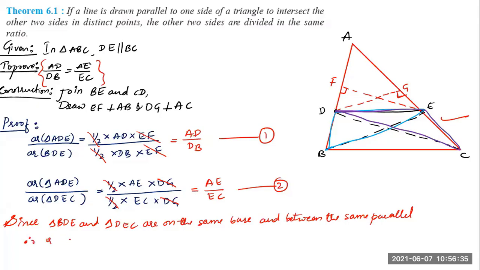Area of triangle BDE is equal to area of triangle DEC.